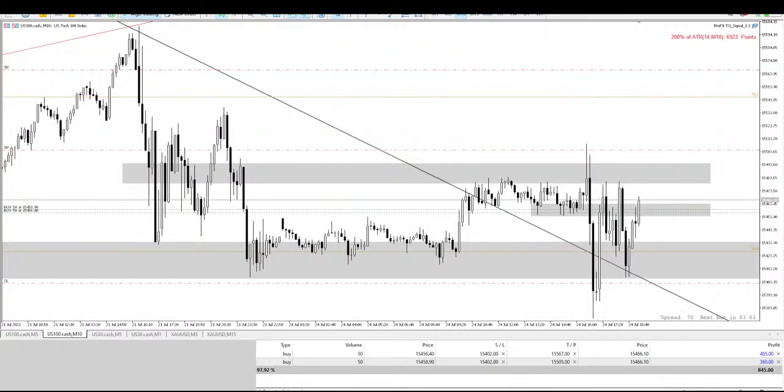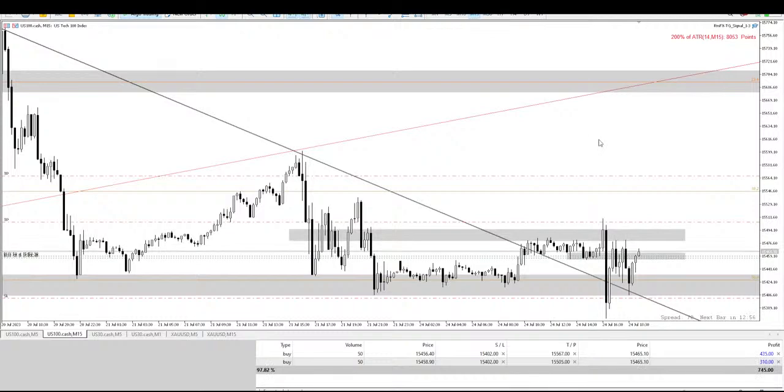I'm not sure how long I'm gonna hold it for. Maybe to that TP1. We'll see how price moves after that.